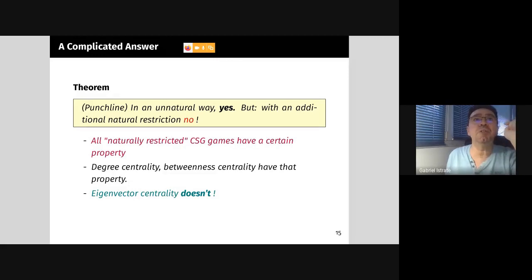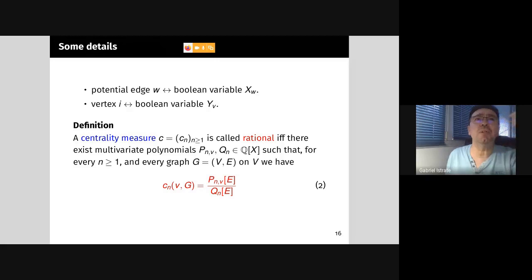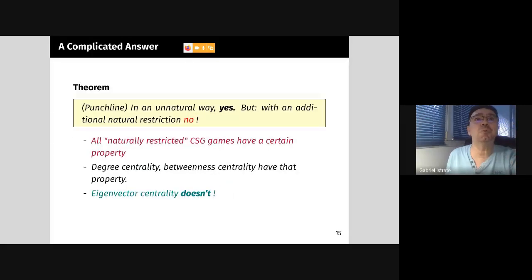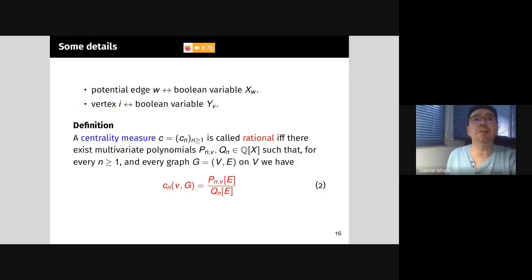I've already shown you degree centrality, so let me give you a few details on the actual property that I mentioned. The property is basically being a rational function. I'm going to encode edges, pairs of nodes, into a Boolean variable, which is a 1 if I have an edge, and a 0 if it's not.